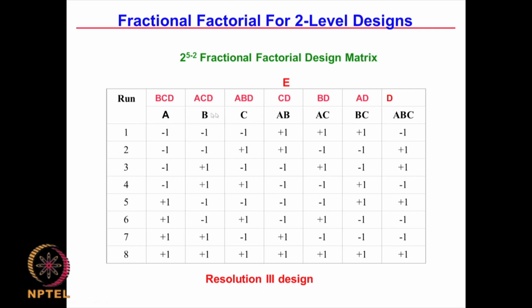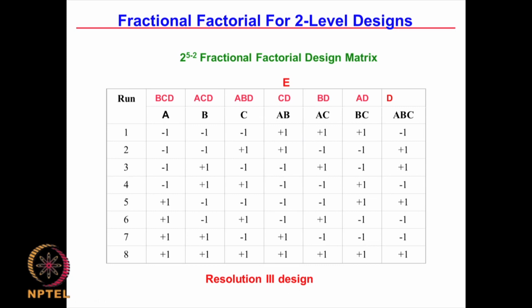I have put D under ABC, but if I put E under this, the main effect E is confounded with the 2-way interactions, and this is a resolution 3 design as I said before, and this is not generally liked.